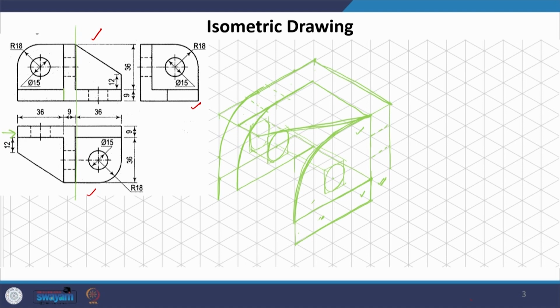Now, simultaneously, if you draw the side elevation here, in the side elevation we have this surface as a continuous surface, which is how we are getting it here, and then we have a solid line. Now, if you look at this, this solid line is matching with this line in the plan, and this line is matching with this point.